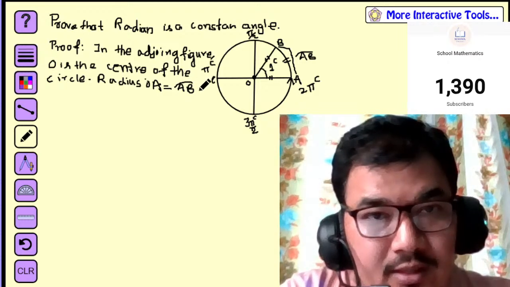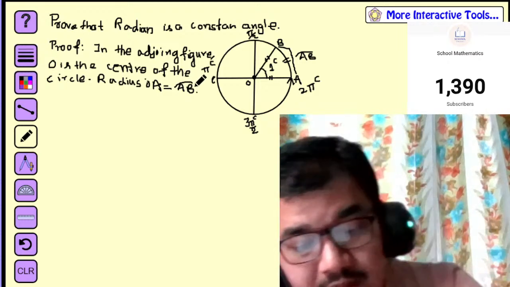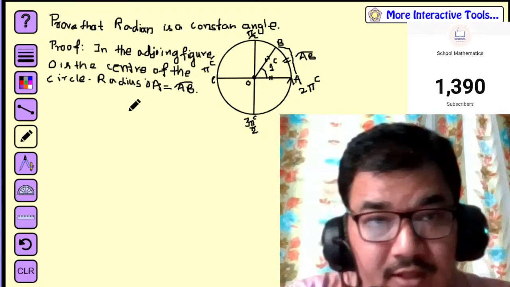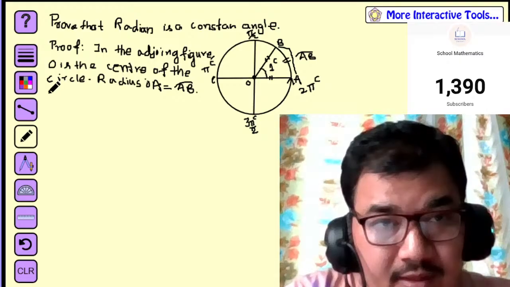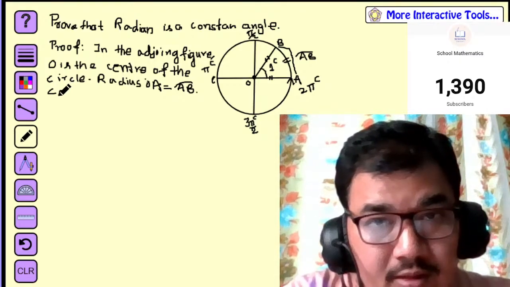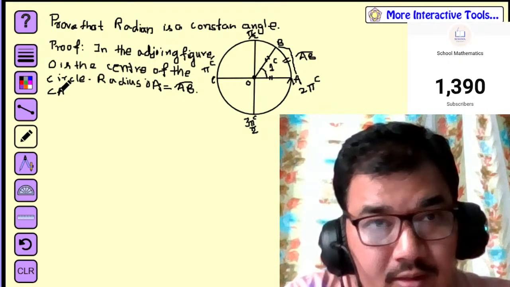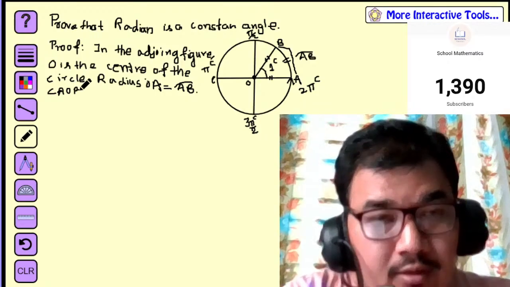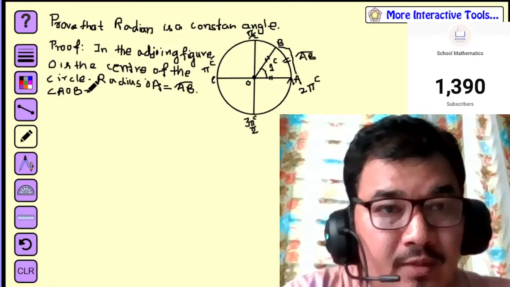In such a condition, the angle formed here at the center, right? That angle name is given there, angle AOB. The angle name is angle AOB.